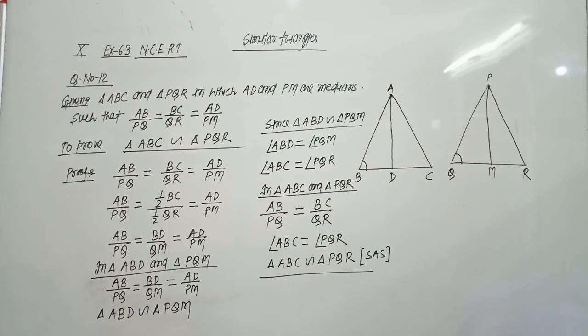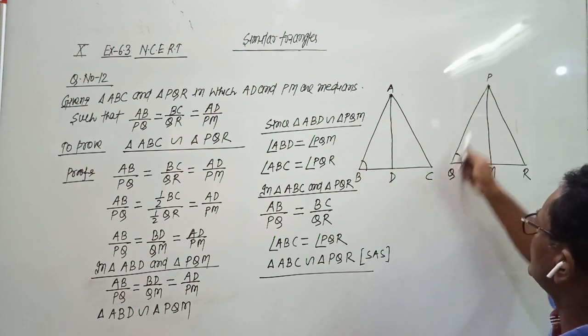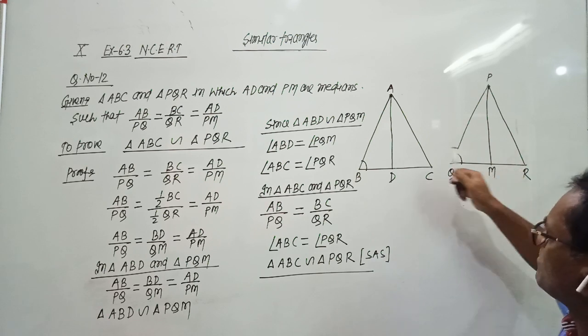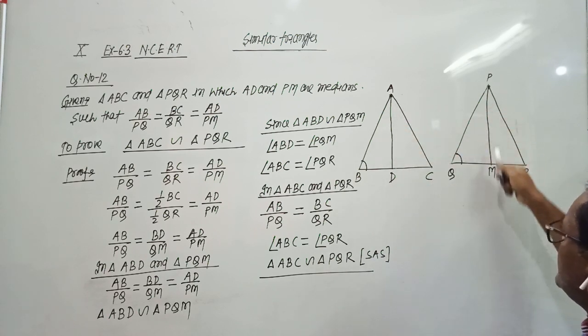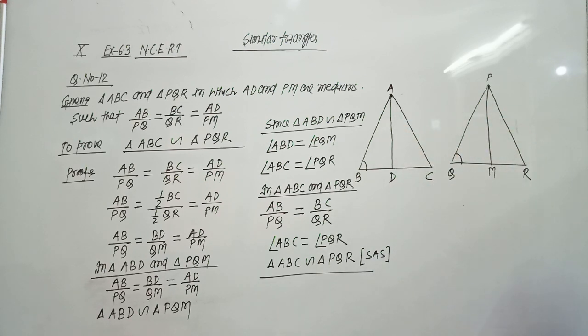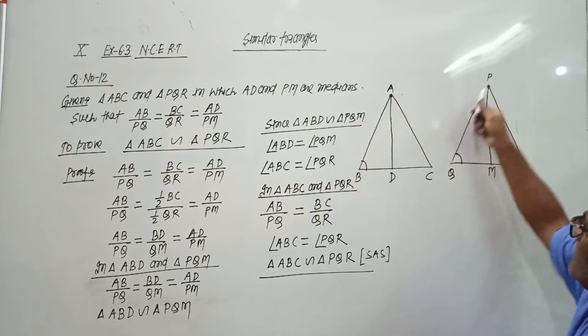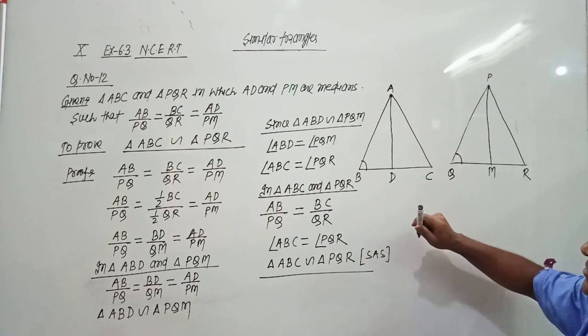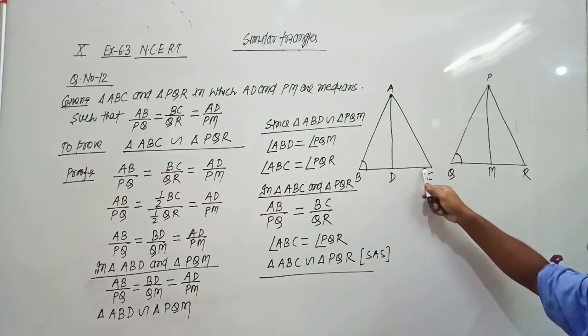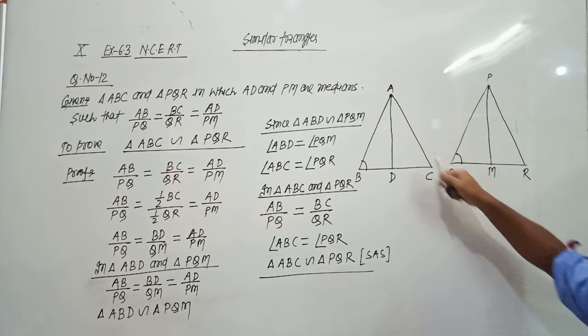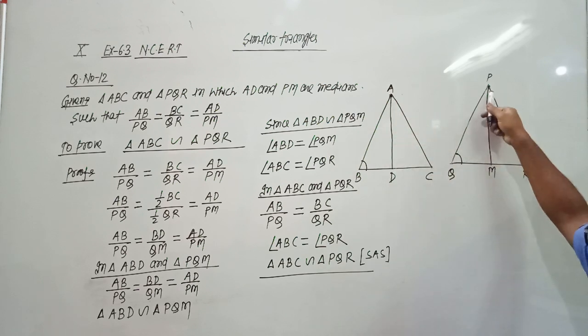So in triangle ABC and triangle PQR, AD and PM are the medians, and we have given that AB upon PQ equals BC upon QR equals AD upon PM.